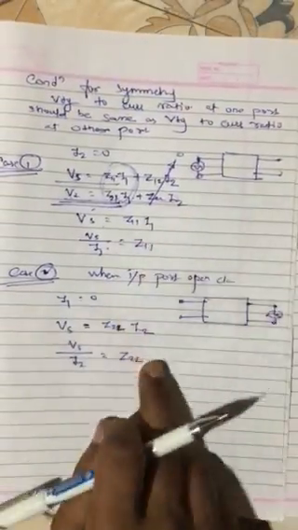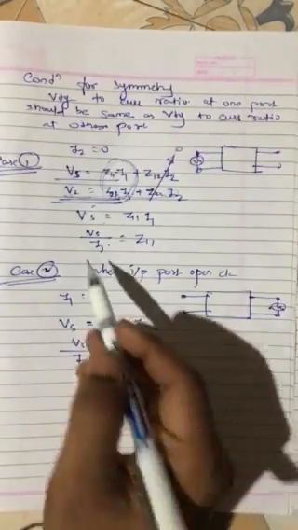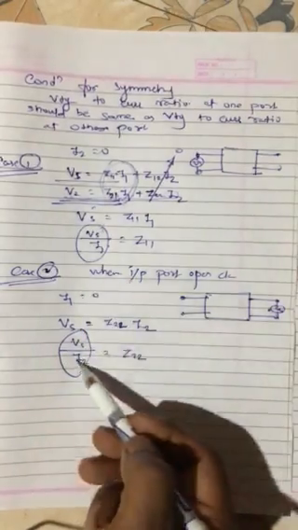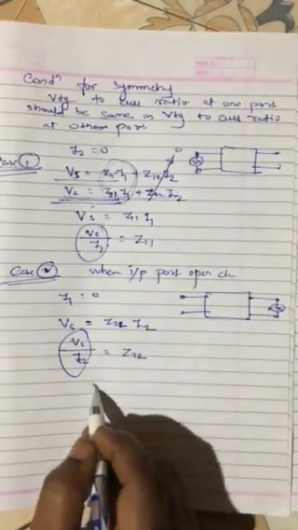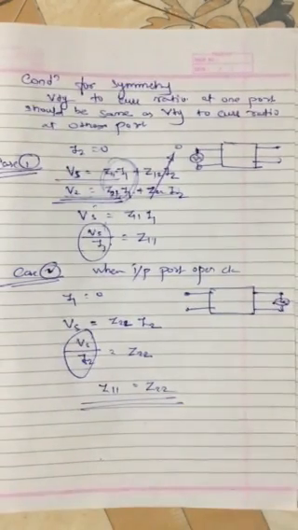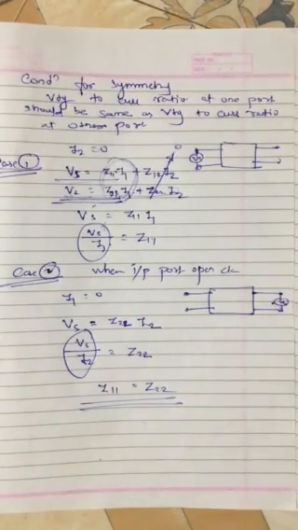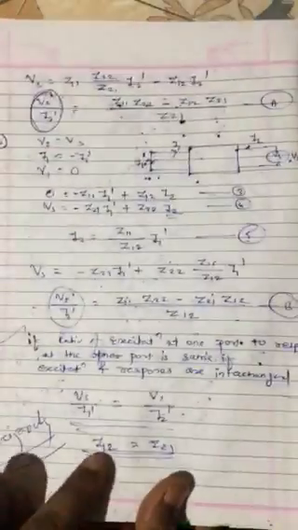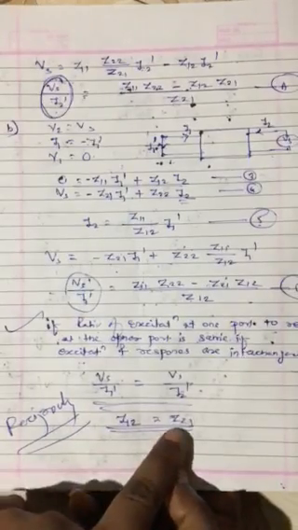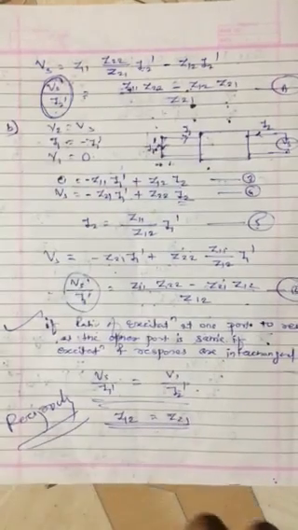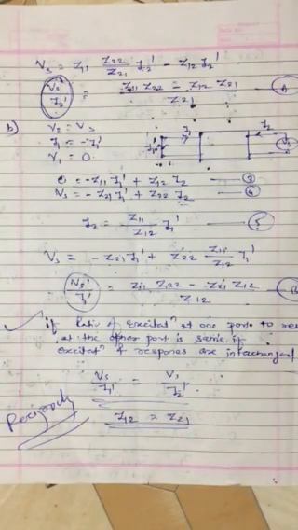Now we are dealing with the condition for symmetry. So these two networks are said to be symmetrical only when this ratio is equal to this ratio, left hand side, and the left hand side is equal when the right hand side is equal, that is Z11 equals Z22. So when Z11 is equal to Z22, you can directly say that the network is symmetrical, and when Z12 is equal to Z21, you can directly say that the network is reciprocal.